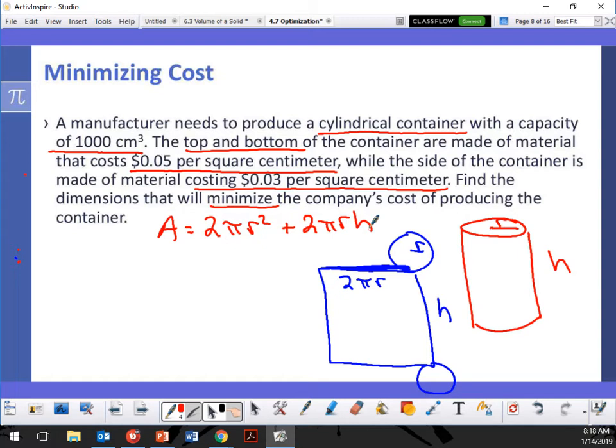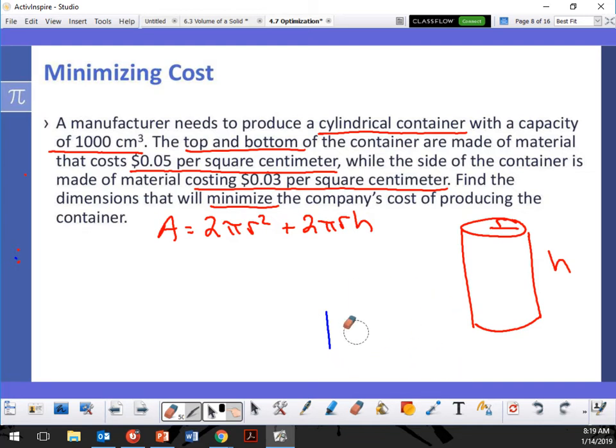Make sense? Did I lose anyone yet? Not yet. Good. Am I erasing too soon? Okay, no, it's fine. I'll redraw it. I wanted to redraw it on the next page anyway.